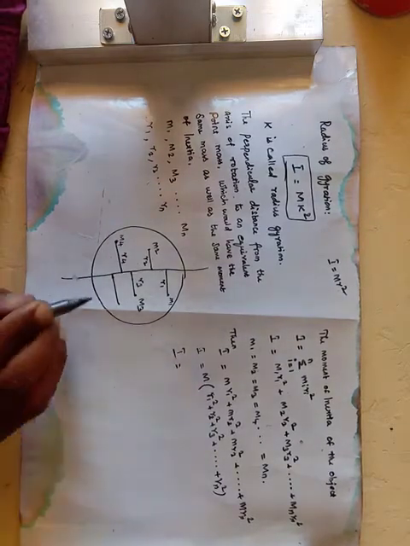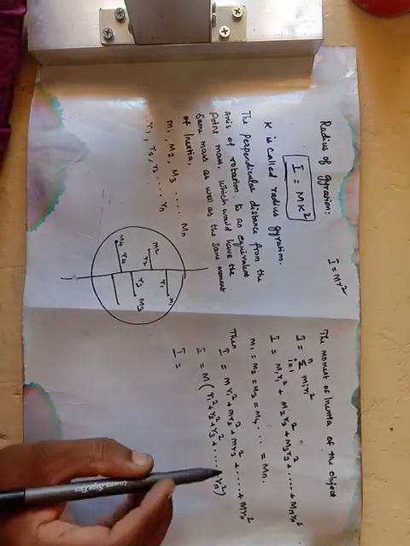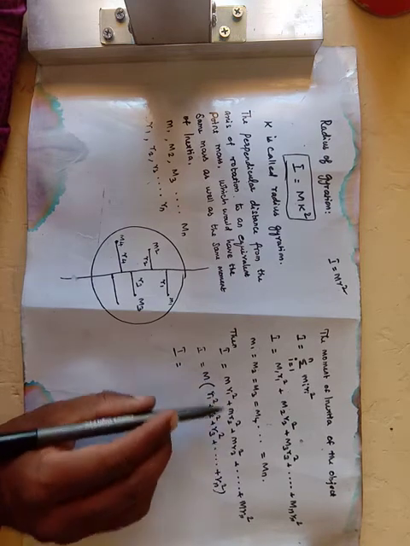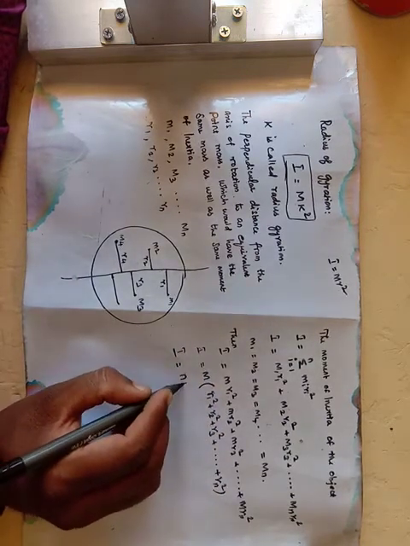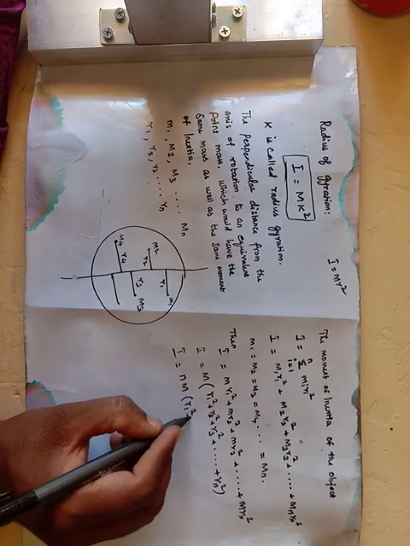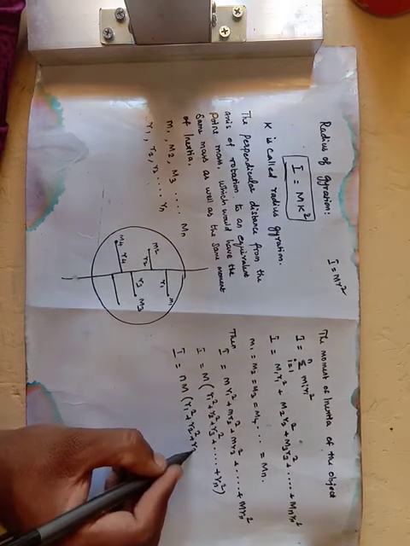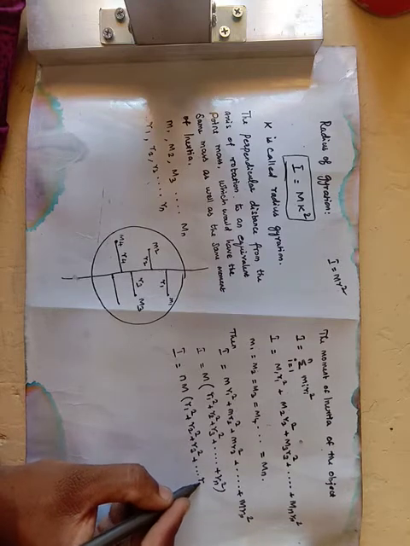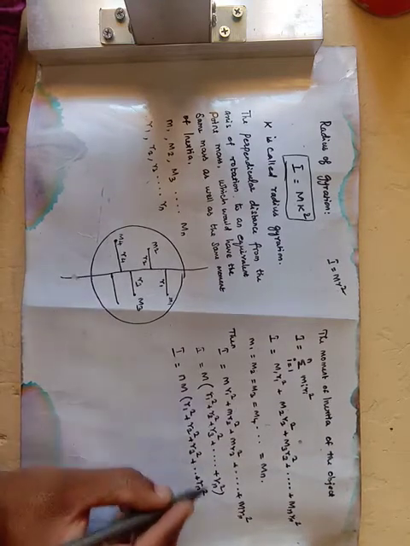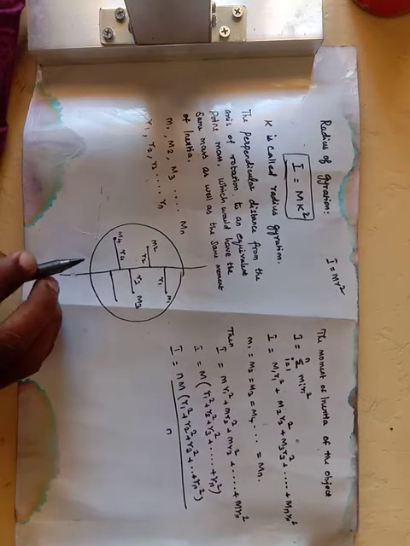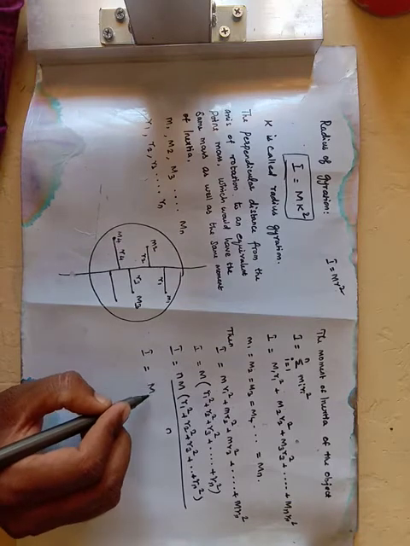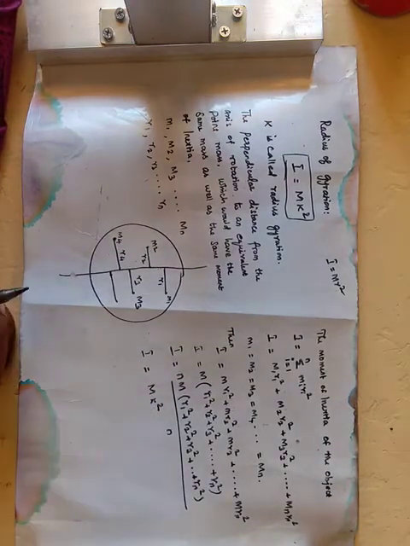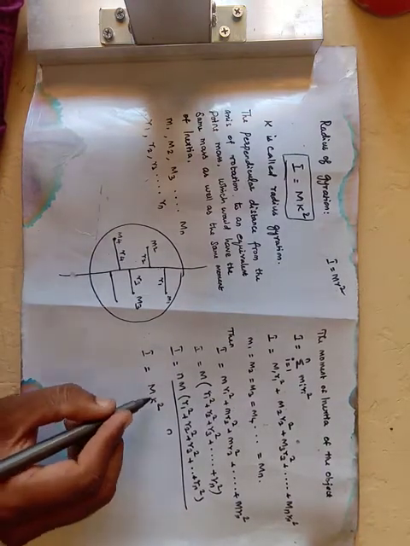Okay friends, so it can be written as I is equal to, the mass has n terms, so we multiply by n and divide by n: nm into r1 square plus r2 square plus r3 square and so on plus rn square divided by n. Here I is equal to m k square.